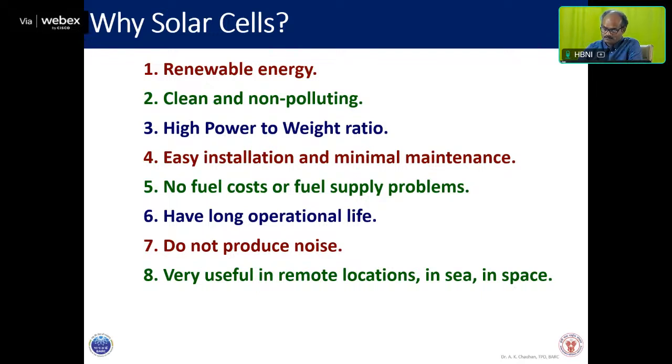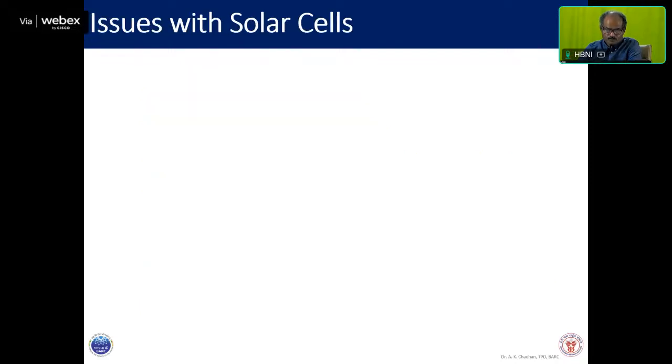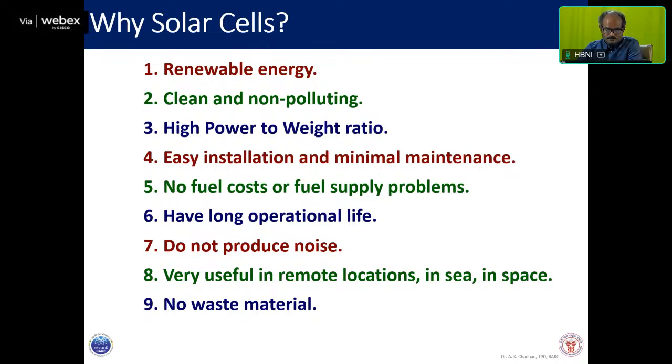Suppose you are traveling in space, suddenly you require power for some device, and you have run out of power. There is no electrical connection there. So if you have a solar cell, you can just put that solar cell in the sun and you can have the electrical power which can drive your device or instrument. Then there is no waste material. These are some of the reasons why solar cells are important.